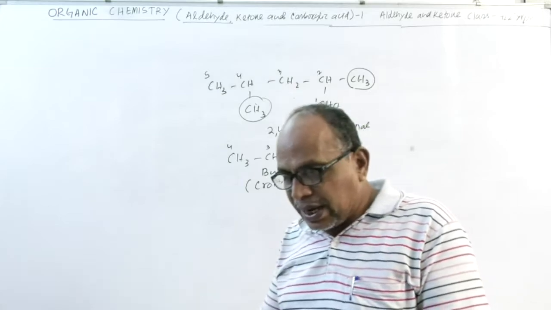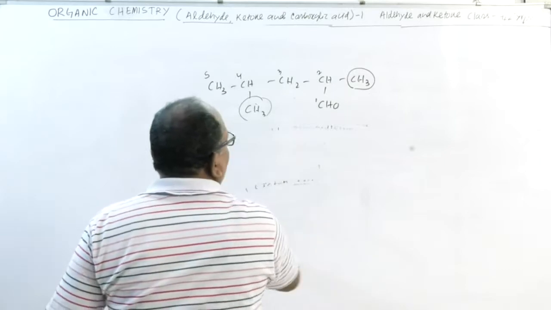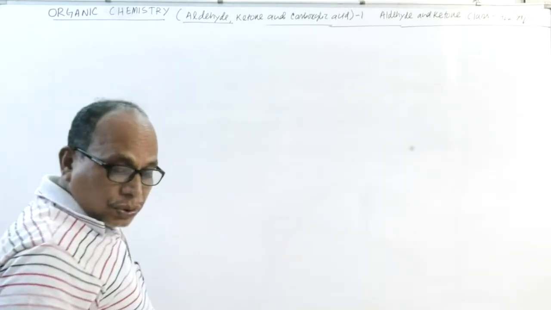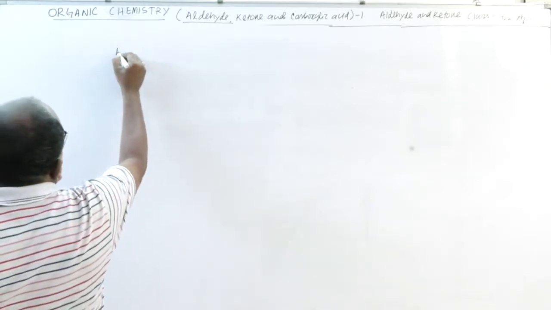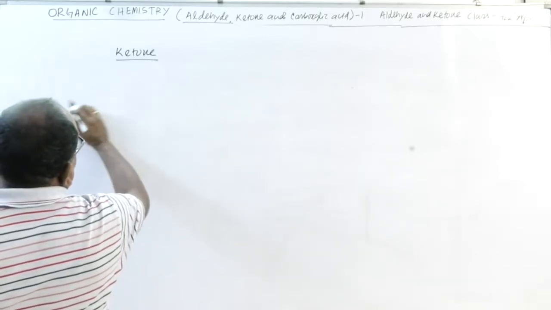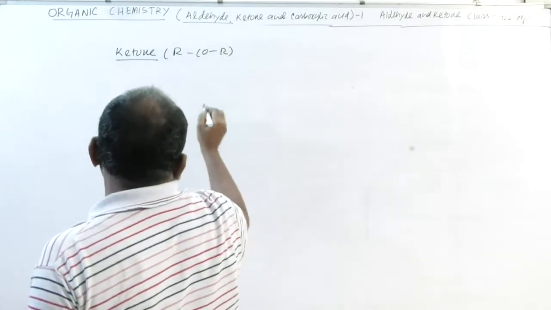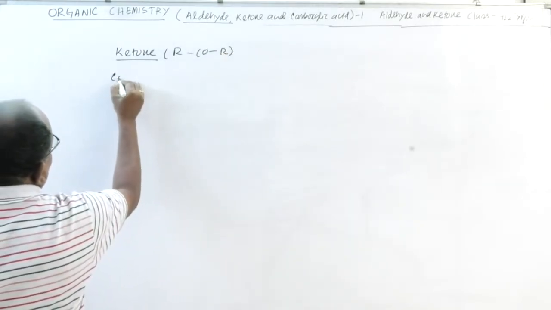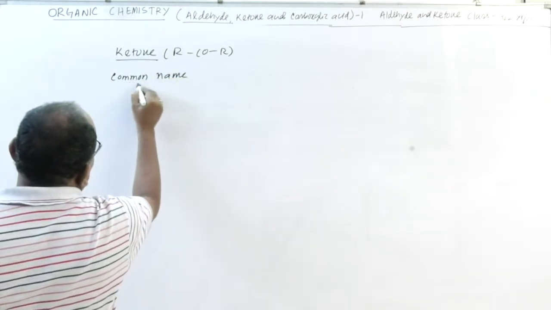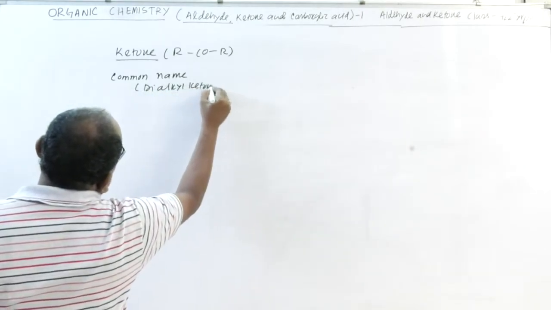Okay, students, we can name the aldehydes according to the IUPAC name. Now come to the nomenclature of the ketones. The ketone means R, CO, R, and generally in the common name we can name this dialkyl ketone.